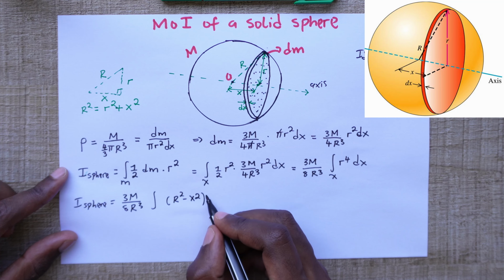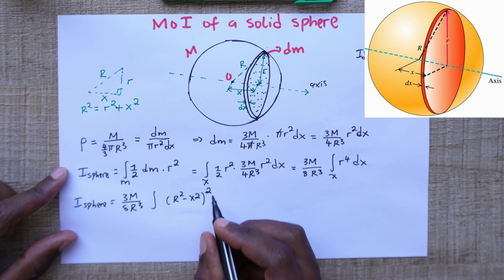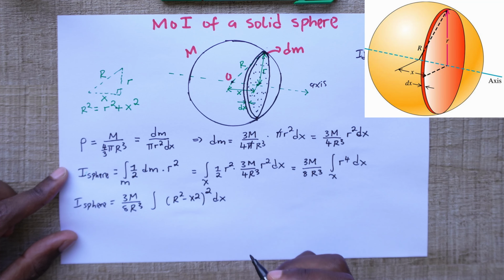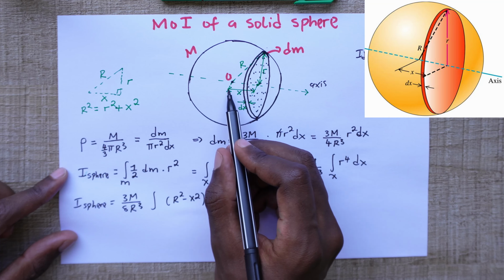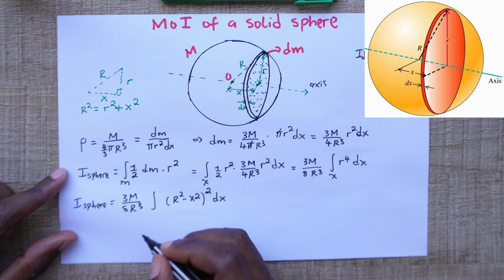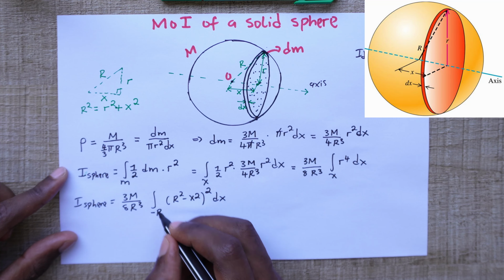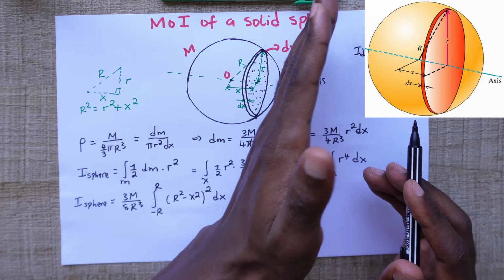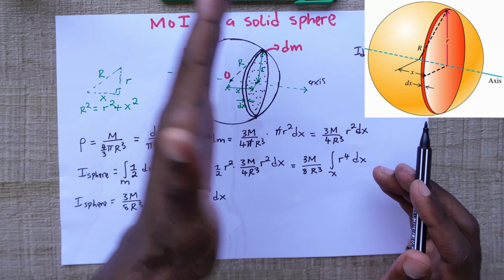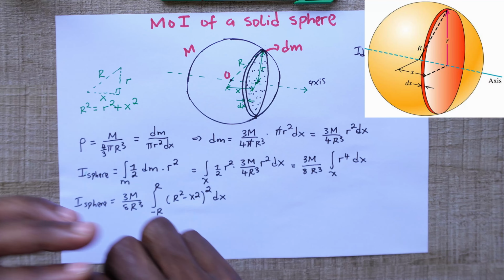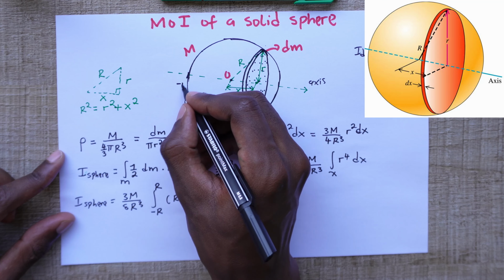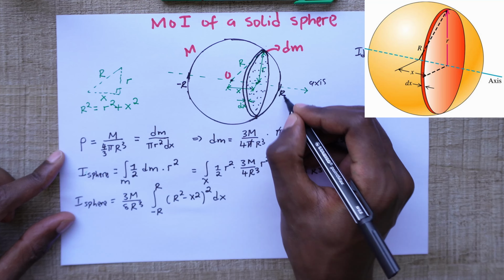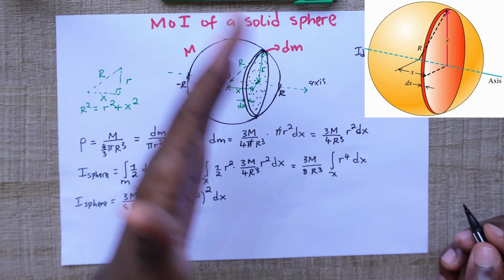This is r squared, and then we square it, and then dx. Then we need to do this for values of x that range from negative R to capital R, because imagine you want to generate the whole sphere, you need to sweep this disk from negative R, so from this point here, to capital R, this point here. So we need to sweep all that like that.